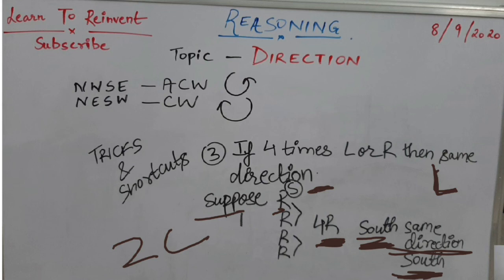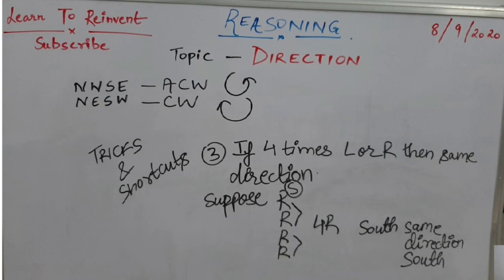And if we get the 4 R's or 4 L's, then suppose he has started from the south direction, the answer would be the same direction, not the opposite one. So these are some of the tricks.